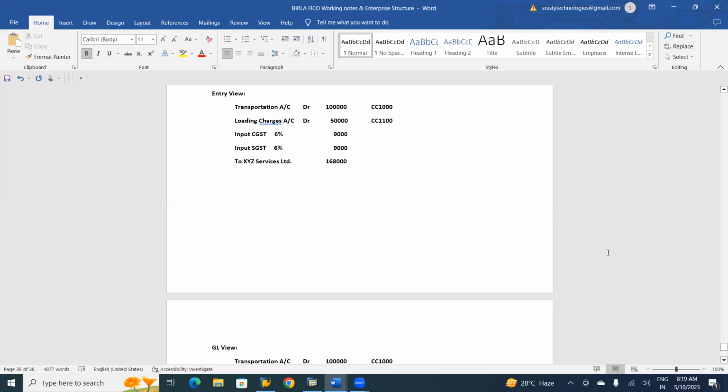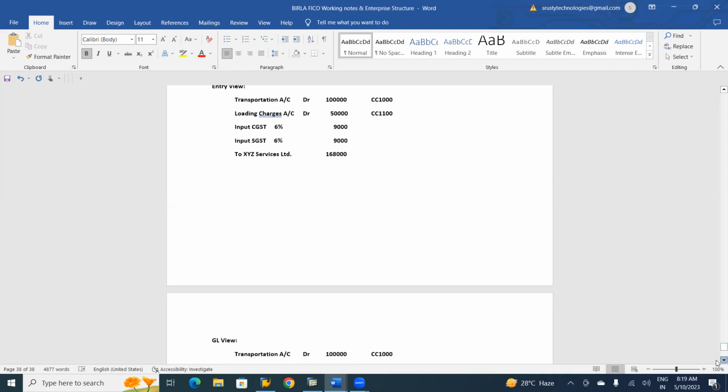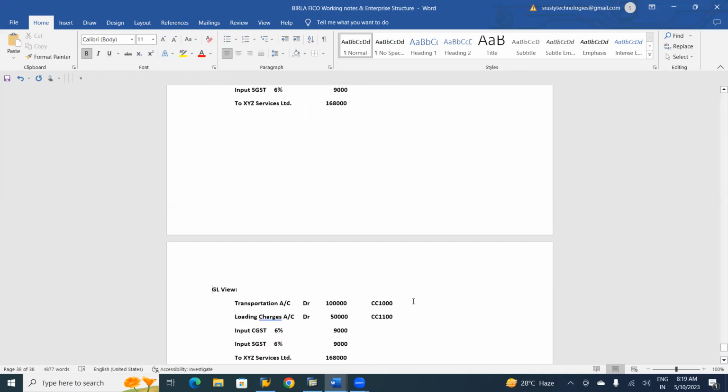How it's going to be split: in separate lines it will be split. Input GST.